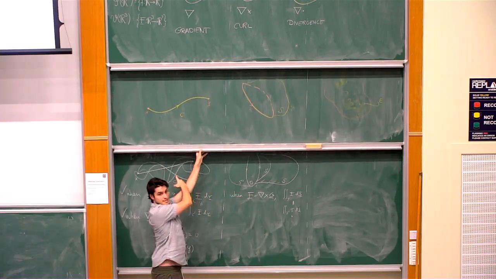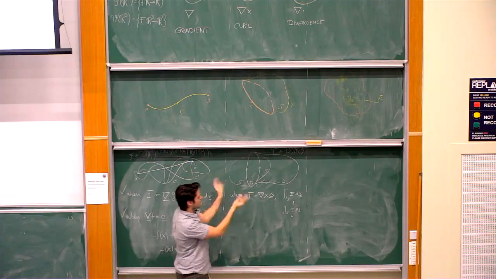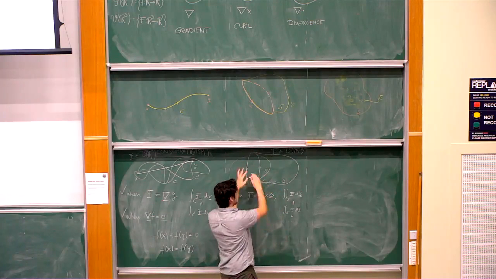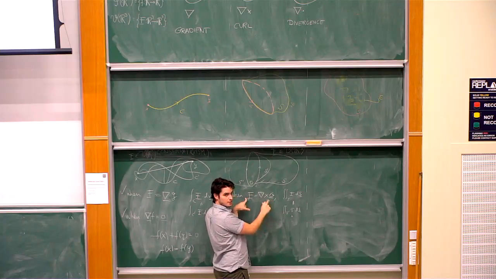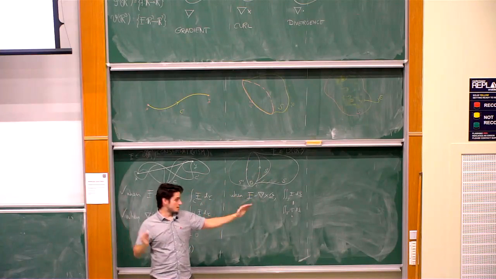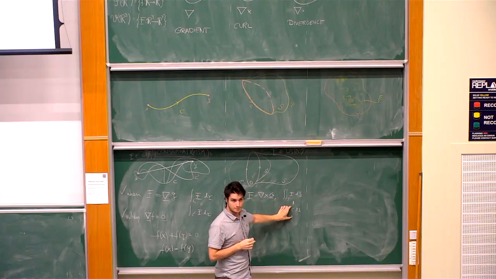So we have a very similar situation to what we had here. I have potentially a very complicated integral if I complicate my surface a lot. But if this is the case, when my field is the curl of something, then we can simplify it, and actually it doesn't matter which surface you choose. Right?